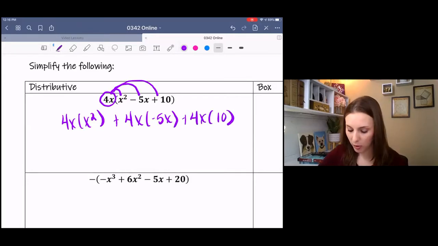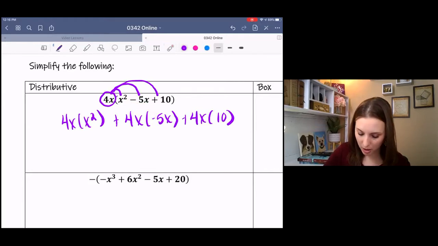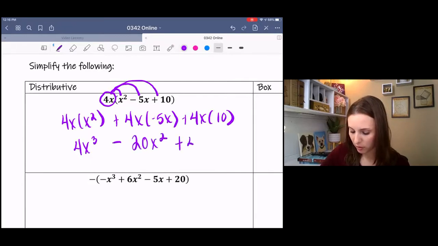And you'll notice that with the 5x, I brought the negative with it. You don't want to drop that. We get 4x to the third, minus 20x squared plus 40x.